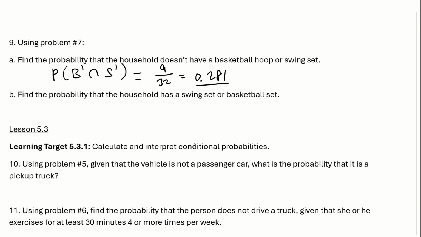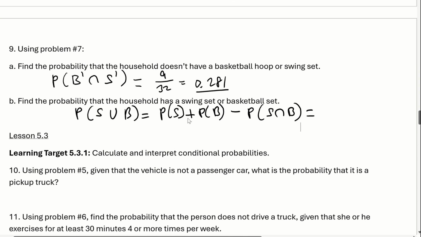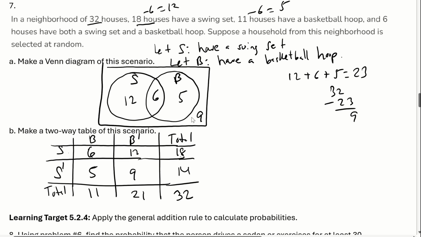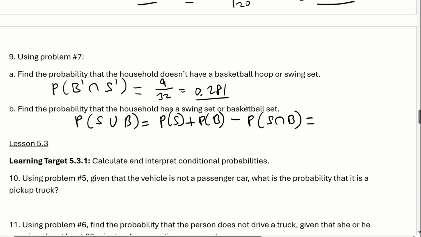Find the probability that the household has a swing set or a basketball set. Now remember, you can use the general addition rule: the probability of swing set plus the probability of basketball set minus the probability of both. So the probability that they have a swing set is 18 out of 32.